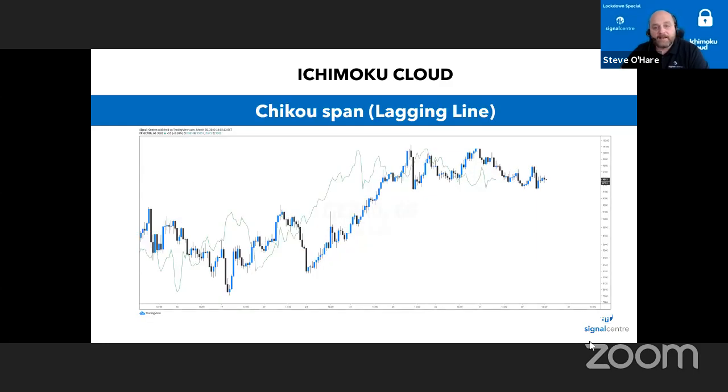So we'll talk about the lagging line. I'll talk about this briefly. This is actually projected 26 periods in the past. That's the default setting, and as I say, it can be adjusted.